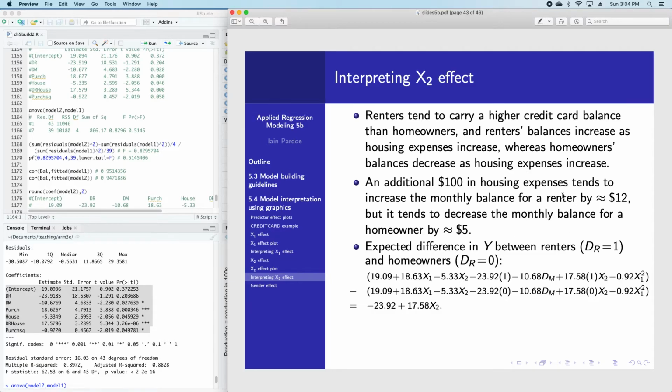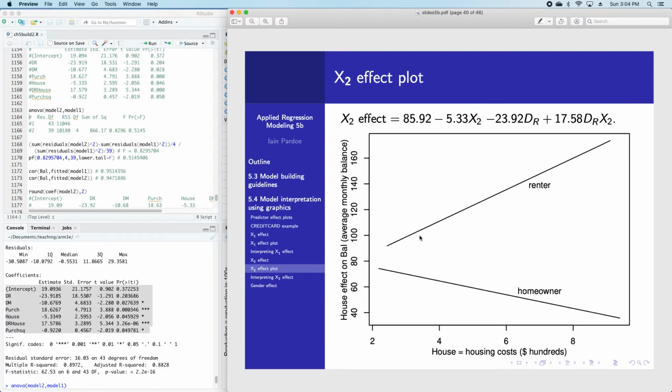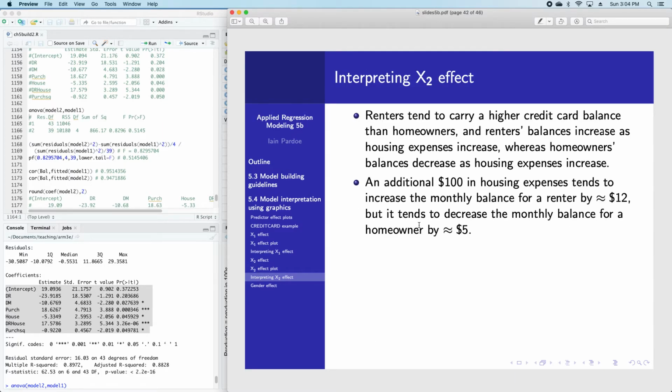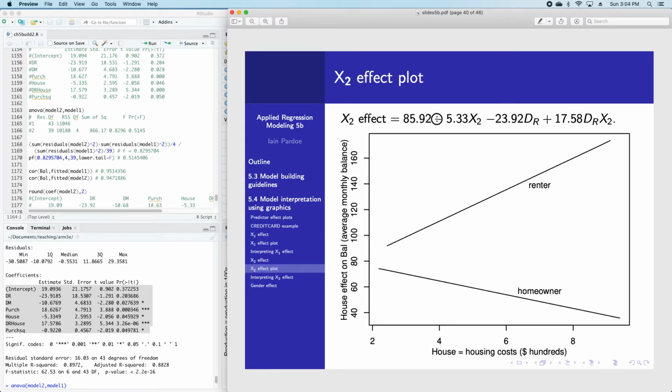So for renters, an additional $100 in housing expenses tends to increase the monthly balance by $12. That's because the slope of this line is 12.25, I think we calculated it as. Whereas for homeowners, it decreases the average monthly balance by $5, and that's because we've got a slope of minus 5.33 there.